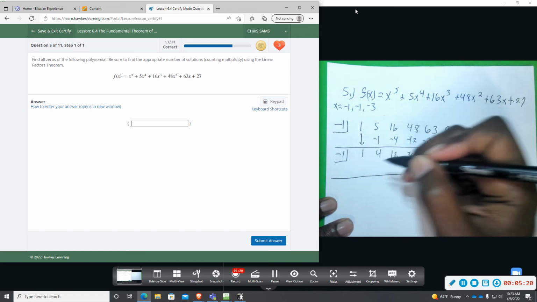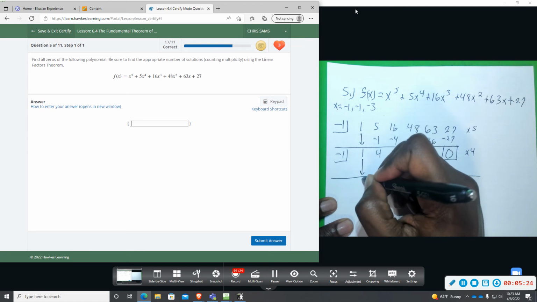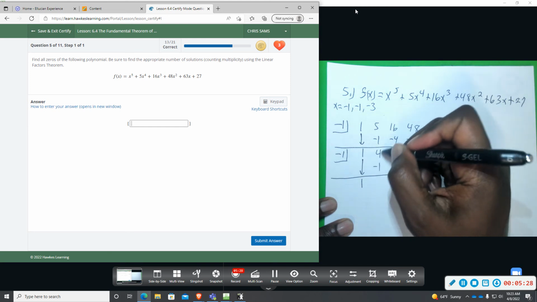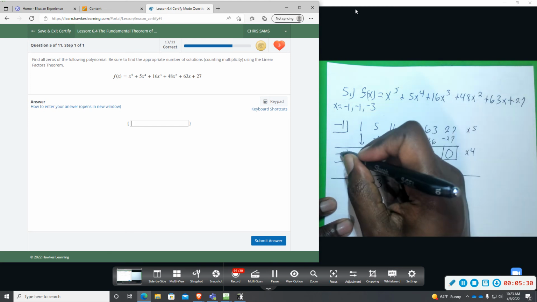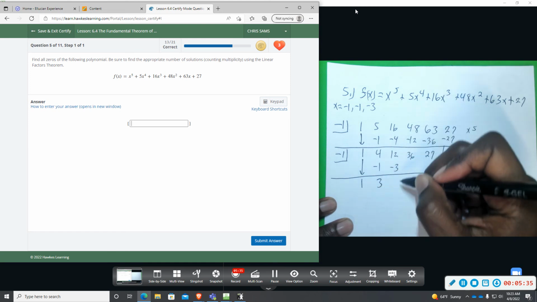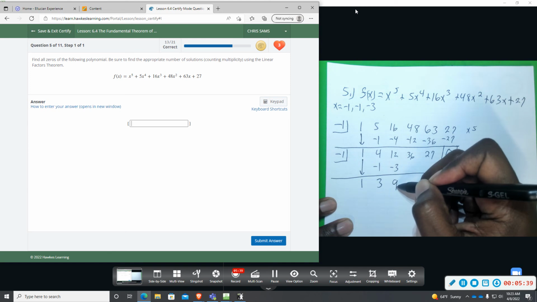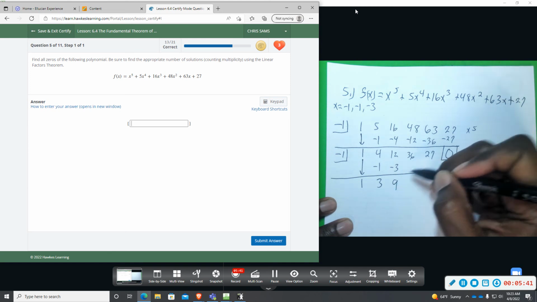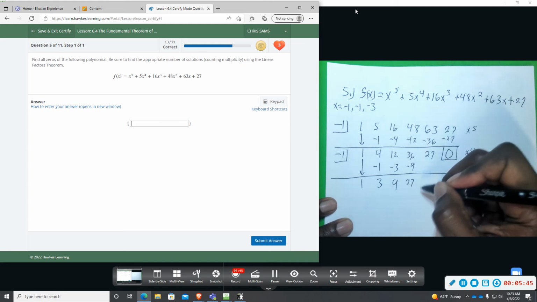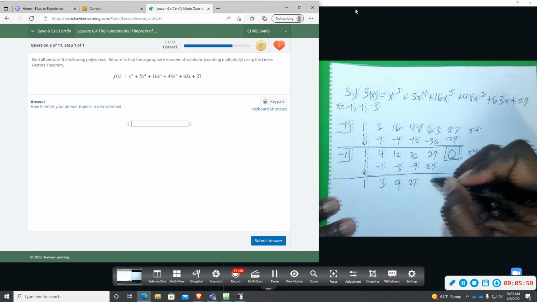So -1, bring the 1 straight down, -1 times 1, -1, combine, we get 3. -1 times 3 is -3, combine, and we get 9. -1 times 9 is -9, combine, and we get 27, and then -1 times 27, -27, combine, we get 0.